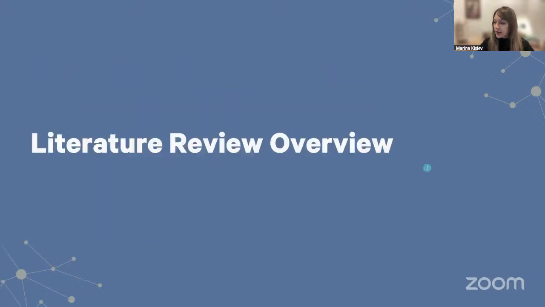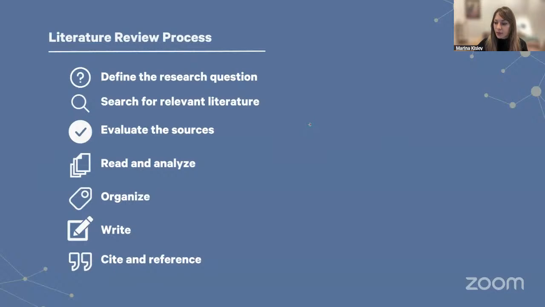So I'm going to go ahead and dive in because we certainly want to move along quickly and optimize our time here. For this overview of literature review, I'd like to go over the key steps that we think about when we are doing a literature review. The very first thing is defining the research question. This is going to vary based on what kind of review you're doing.